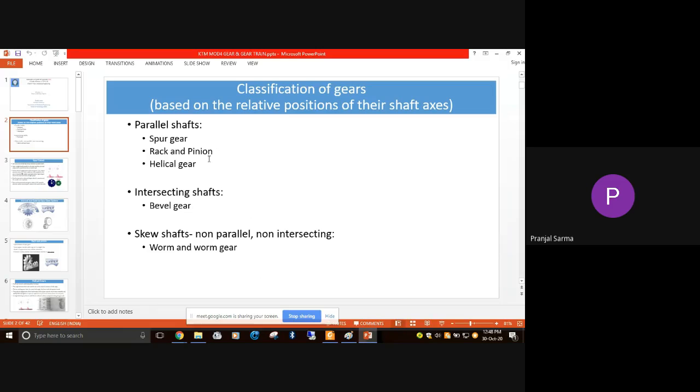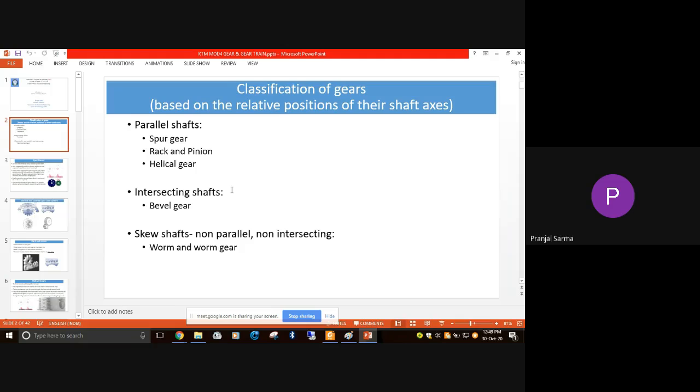Okay, so now sometimes, the shafts from one to another, between which you want to transfer the motion, may be parallel. In case of parallel shafts, the different possibilities of gears that you can use are spur gear, which is very common, rack and pinion, and helical gears, etc. Also, the shafts may be intersecting, where we also have to transfer motion from one to another.